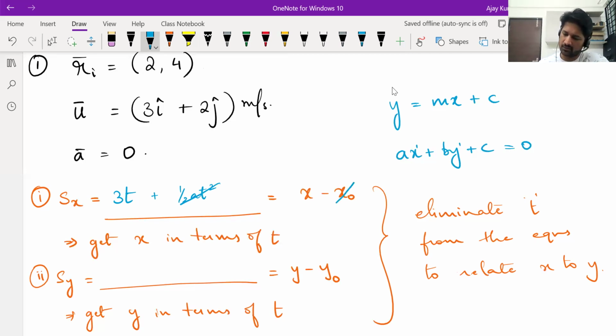Aishwarya, what is the initial position along the x-axis? Sir, 2. Correct. So tell me, what will x be in terms of t? Like we got 3t, so t is equal to 2 minus x by 3. It is x minus 2. No, how can you change it to 2 minus x?